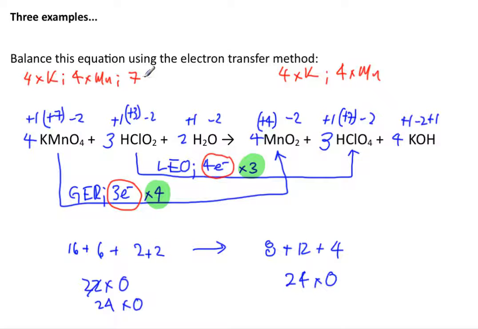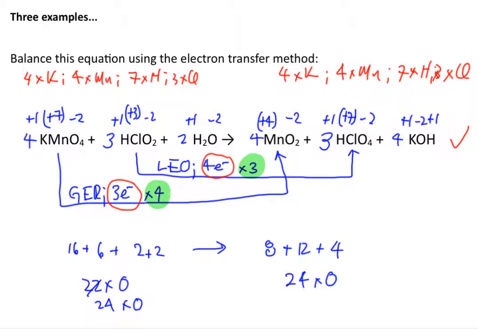That's 7 times hydrogen. And over here I have 3 plus 4 is 7 hydrogen. What's next? Chlorine. 3 times chlorine. And over here 3 times chlorine. And finally, oxygen, which we did last, and we know the oxygen's balanced. So that equation as written is balanced.